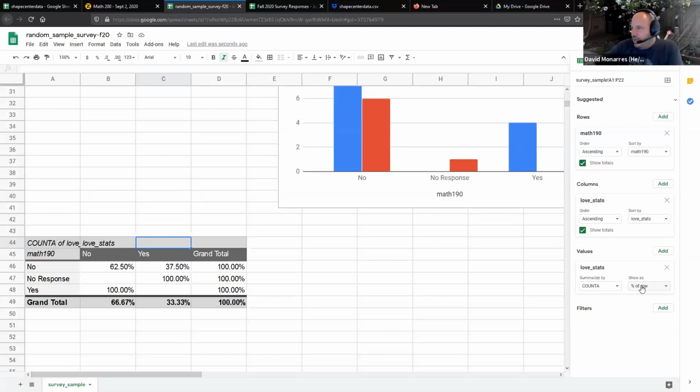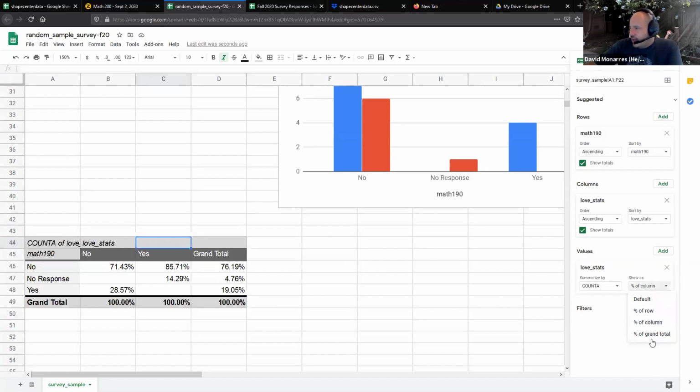Now, if we want to divide up the stats lovers or not, then we do a column percentage. And so in this case, now we are taking the group and we are first looking at them in terms of love of stats. And those are our distinct units when we're talking about the percentages. And then we're going to divide them up by whether or not they took stats or not.